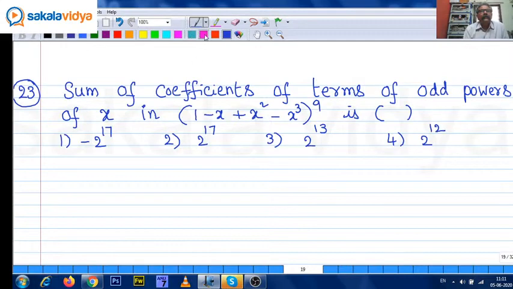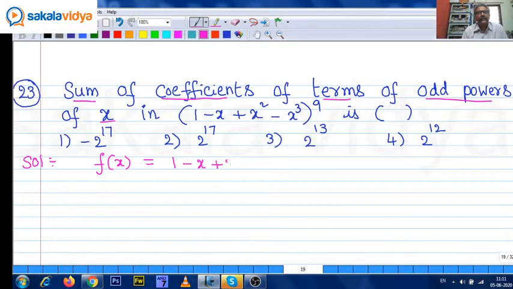Okay, so now the sum of the coefficients of the terms of odd powers of x in this expansion we need to find out. That means f of 1 minus f of minus 1 by 2. So first consider the function f of x, 1 minus x plus x square minus x cube whole to the power of 9.